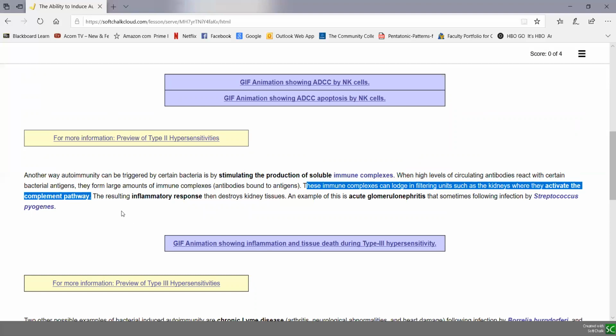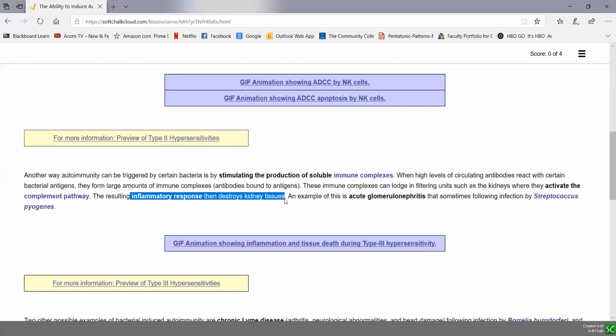And as a result of the inflammatory response induced by the complement pathway, that attracts neutrophils to the area, and as they dump their killing chemicals from the lysosomes with extracellular killing, that can destroy kidney tissue. An example of that is another post-streptococcal infection called acute glomerulonephritis that sometimes follows infections by Streptococcus pyogenes as well.